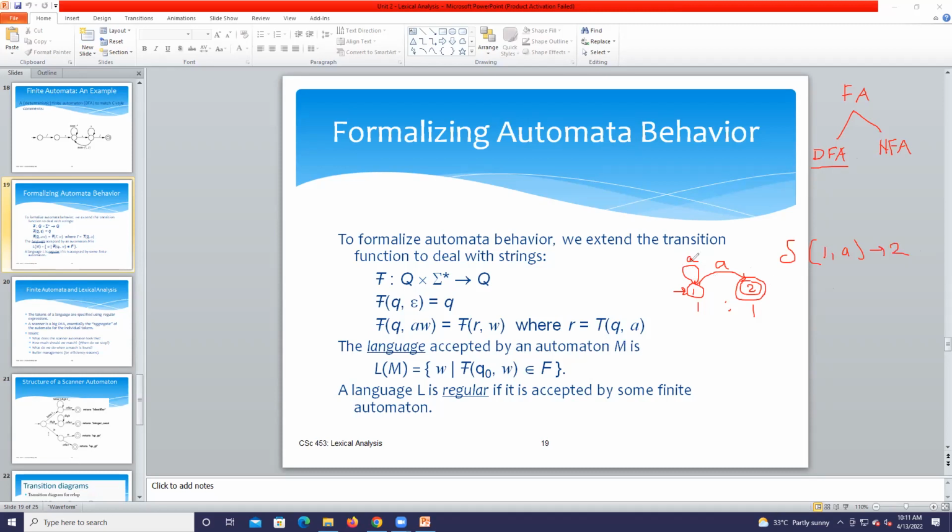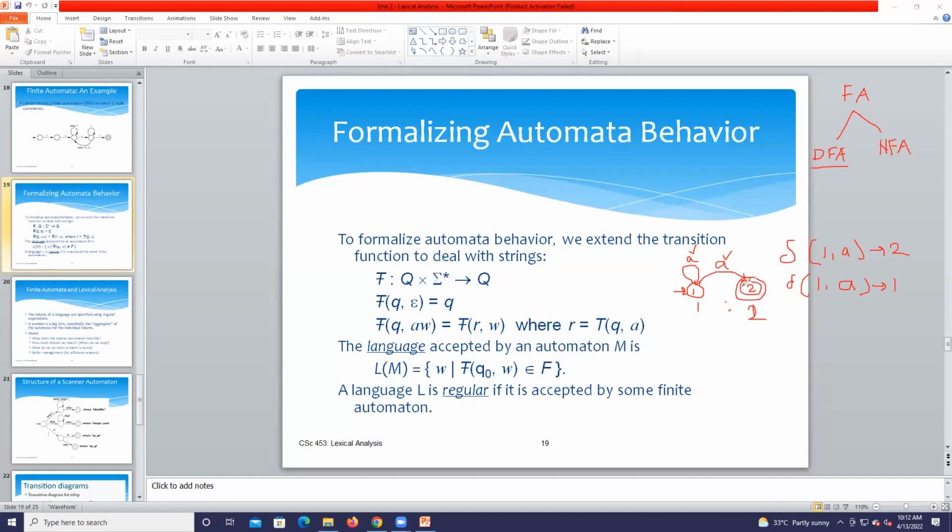But now I have introduced one more transition with A. The second transition of 1 with A is 1 itself. Now there are two transitions possible from state 1 with input A. So a 1:2 ratio is maintained, that is, from one state we reach two states: state number 1 and state number 2.